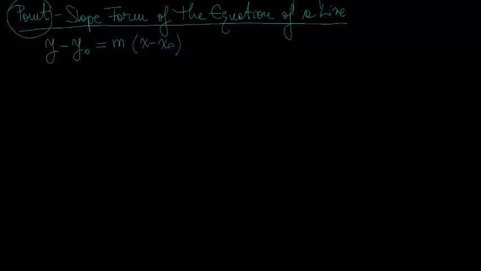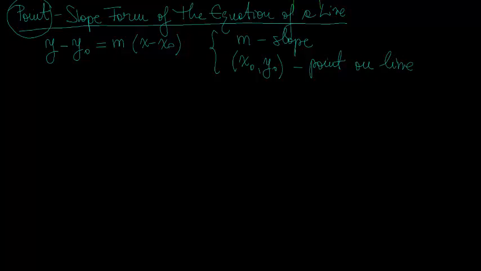Now x and y are my variables as usual, and m represents the slope of this line, for example 2/3, -1, whatever it is, and then x0 and y0 are the x and y coordinates of a point on my line. So given a point on the line and the slope, I'm able to write the equation of a line in this particular form. So let's look at an example.